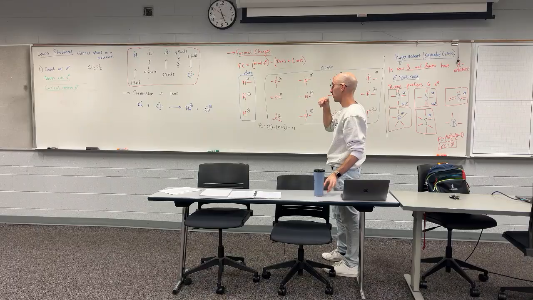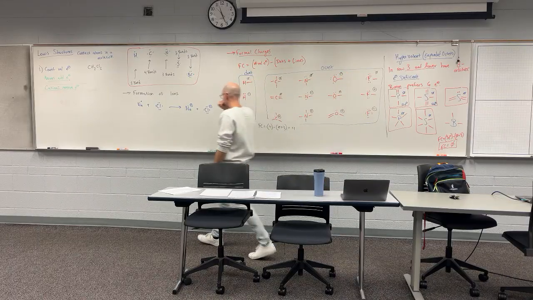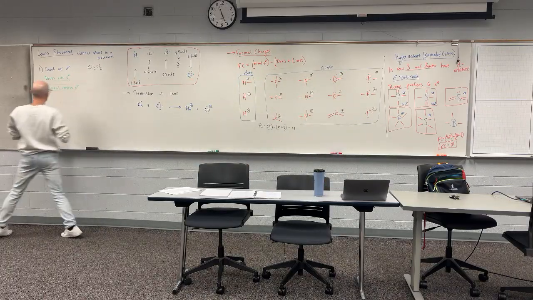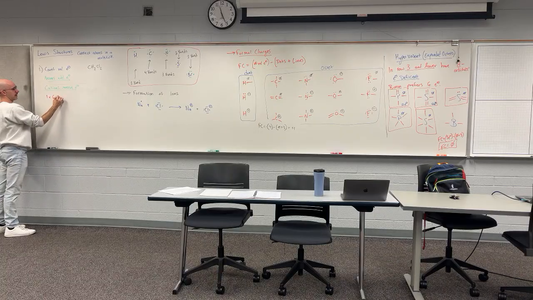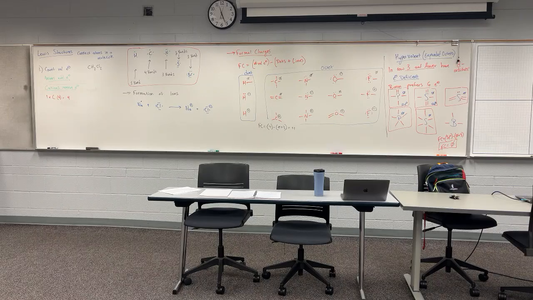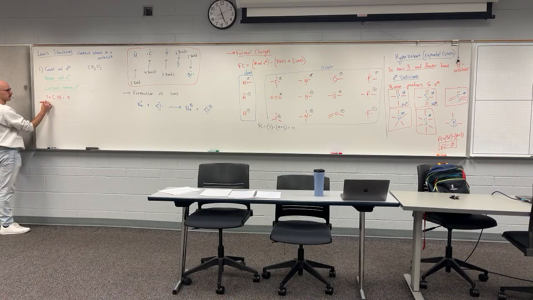How many valence electrons for carbon? Good. I've got 1 carbon atom, and that's 4 valence electrons. How many valence electrons for hydrogen? 1.